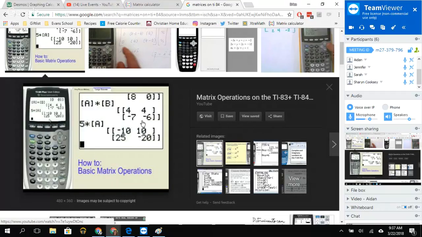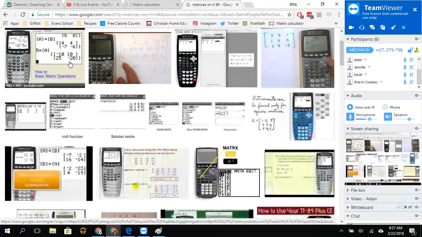The hard part is actually setting up the matrix in your TI, and then your calculator will perform these basic matrix operations for you. If you guys want to play with that and try that, I can also show you how to do that. And there are obviously a lot of YouTube videos about how to do basic matrix operations too.